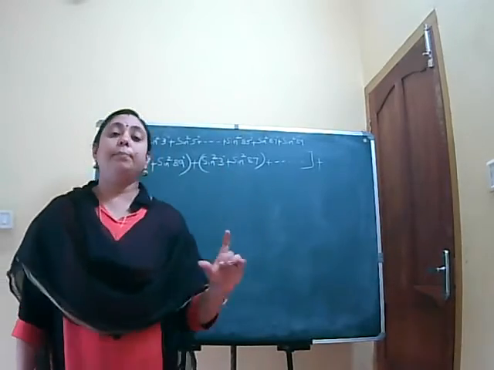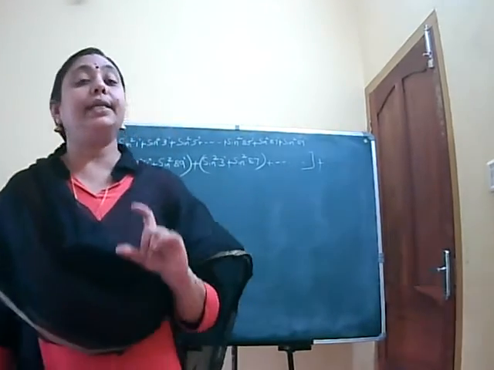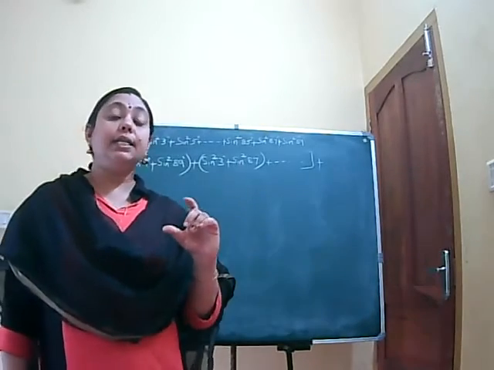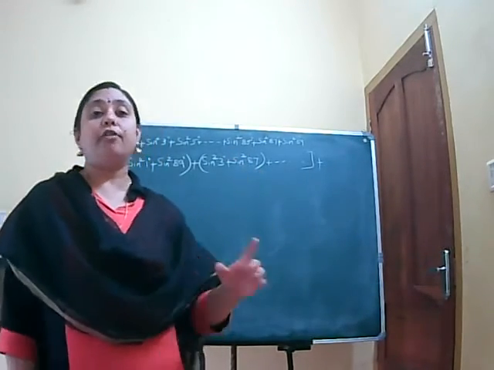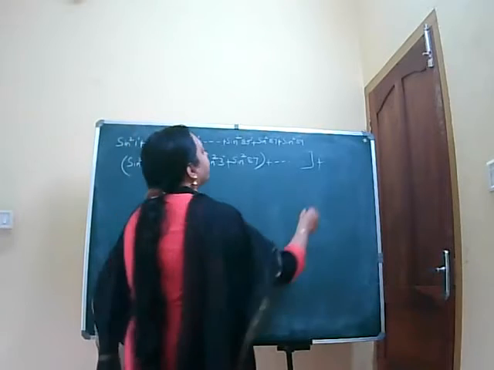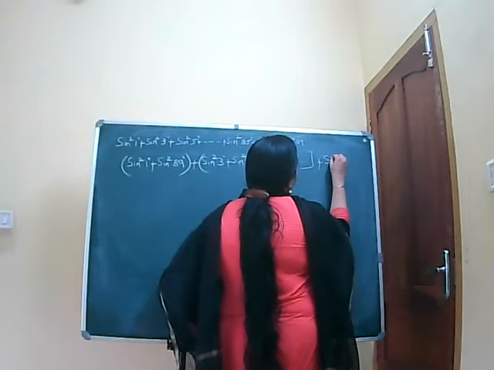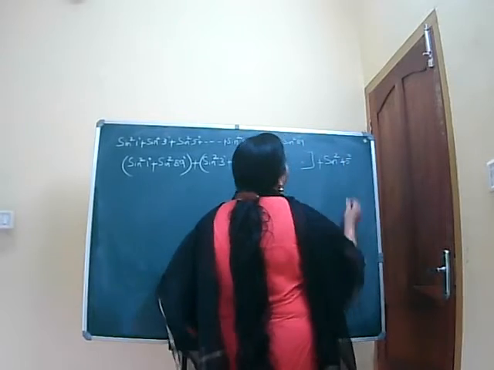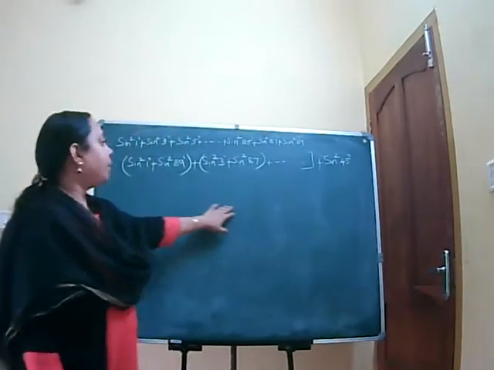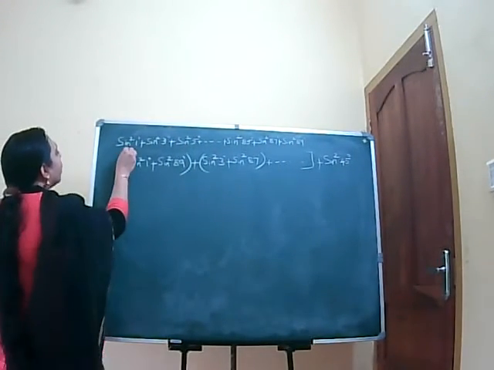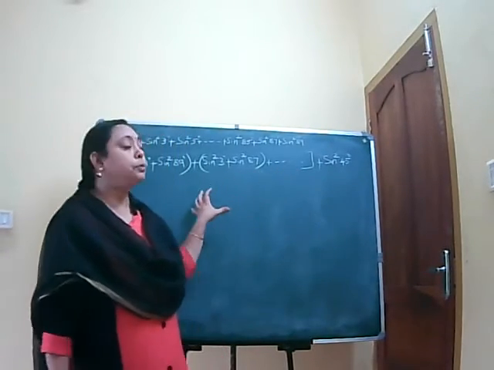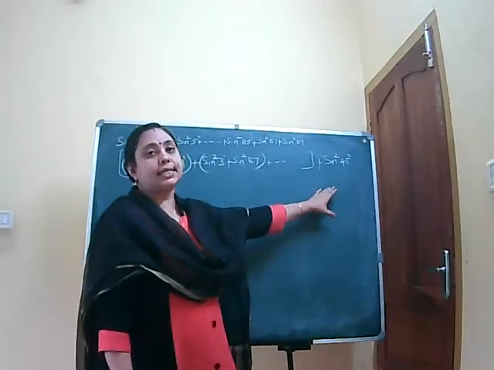The extra term is the 23rd term, that is the middle term, sine square 45, that gets unpaired. Now we get 22 such pairs and an extra term.